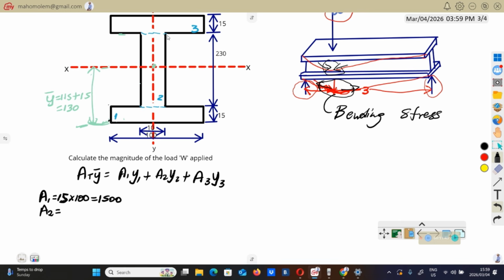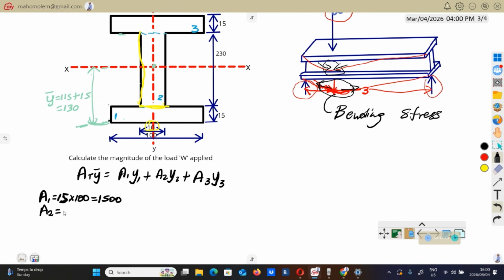Area 2, we're going to find the area of this. This is our rectangle number 2. This one here. So we have to find the area of that particular rectangle. Now we do the same thing. The area will be this side from here to there multiplied by from here to there. So from here to there, as you can see here, it's going to be 10.